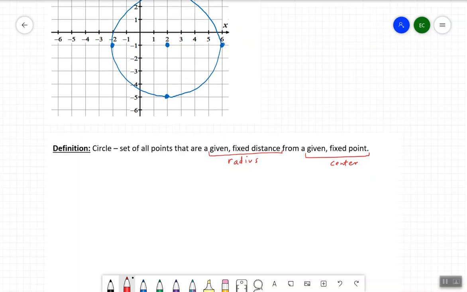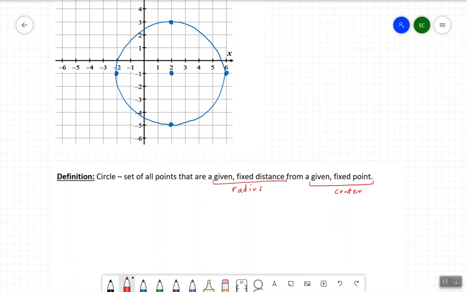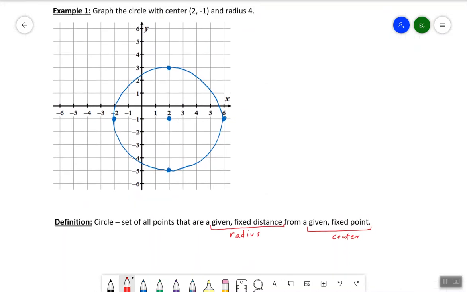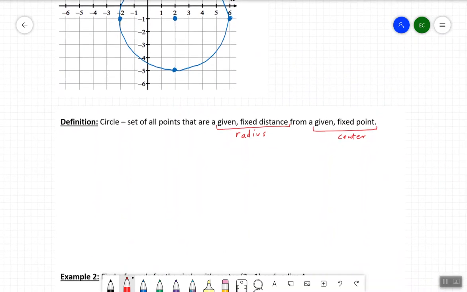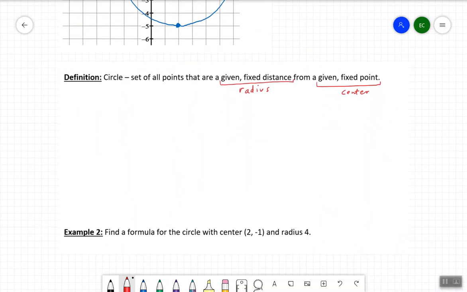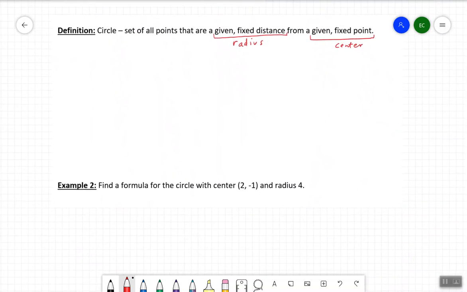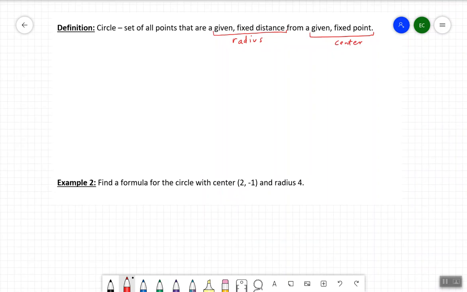Okay, so let's generalize just a little bit. In the first example, we had center at (2, -1) and radius 4, but of course we could have the center anywhere and any radius. I guess the radius has to be a positive number, but other than that, we could have any radius. So let's generalize just a little bit.